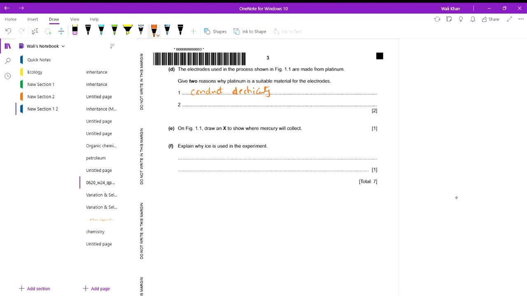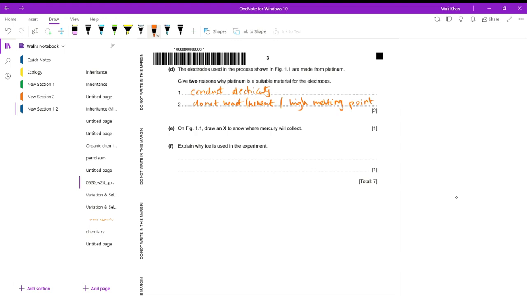And second, you can write, yes, it does not react. Inert. And then you can also mention its melting and boiling point. High melting point, its melting point is high.